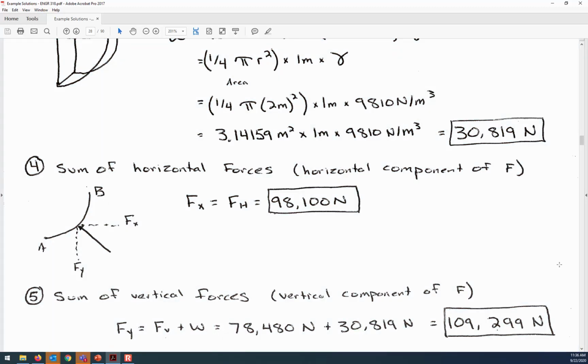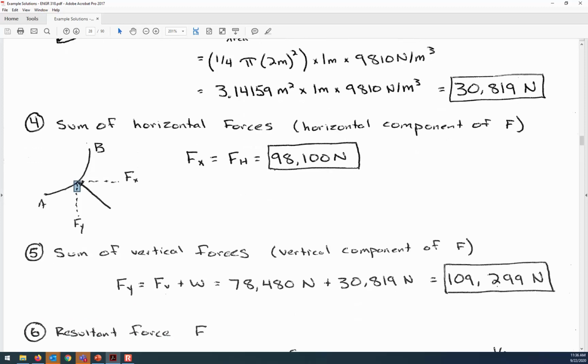So it is the sum of the 98.48 kilonewtons that came from the rectangular shaped box, and then the 30.8 kilonewtons that comes from the wedge shaped quarter circle that's immediately above the gate. So you can see again, maybe you can't see the arrow tip on the end there. It's up, whereas those other forces are down.